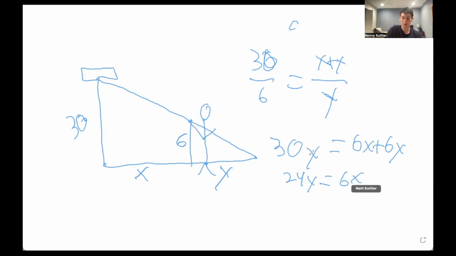So if we divide both sides by 24, we get y equals 1 over 4 x. This is going to be the same no matter where we are in the shadow problem. This ratio is always going to be the same because they're similar triangles.